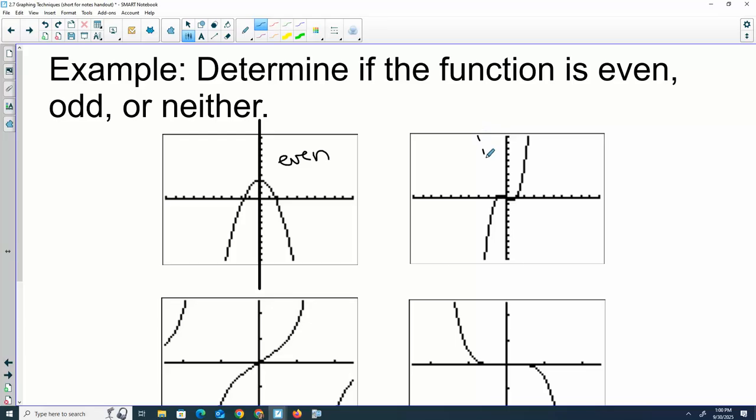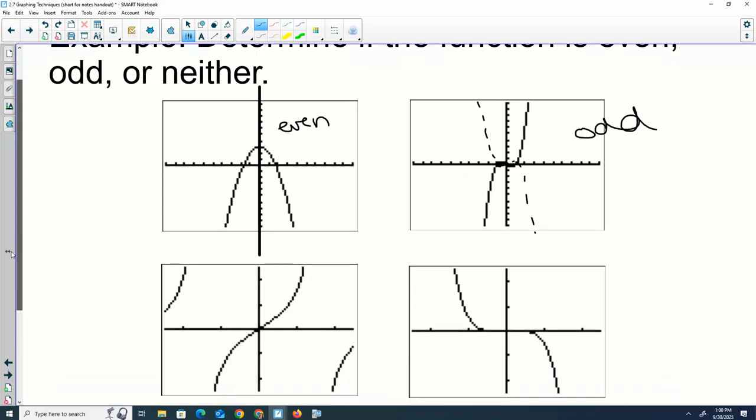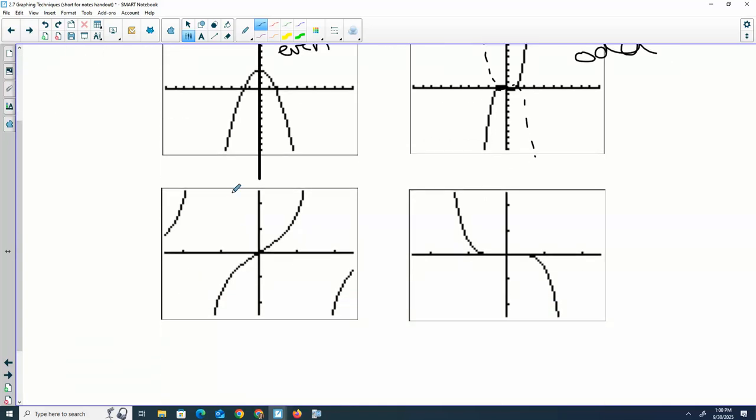That means you flip it over the y, and then you take that and flip it over the x. If you do two flips, does it overlap? Yes. So that one is odd. Okay, what about this one? If I flip over the y, it would look like this. And then if I flip over the x, it overlaps itself again. So that's odd. What about this one? Also odd.